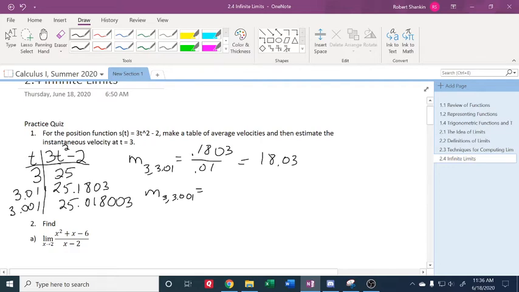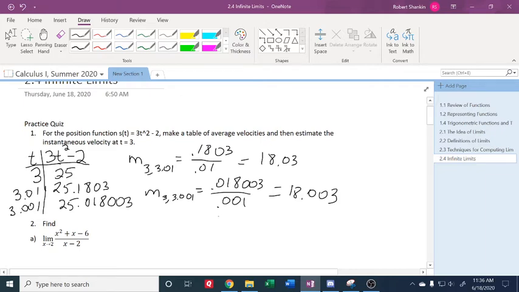When I do this one, I subtract this minus this, and that's going to give me a difference of 0.018003, and then this 3.001 minus 3, which is 0.001. This moves the decimal in the numerator to the right 3 places, 1, 2, 3. So it's 18.003.